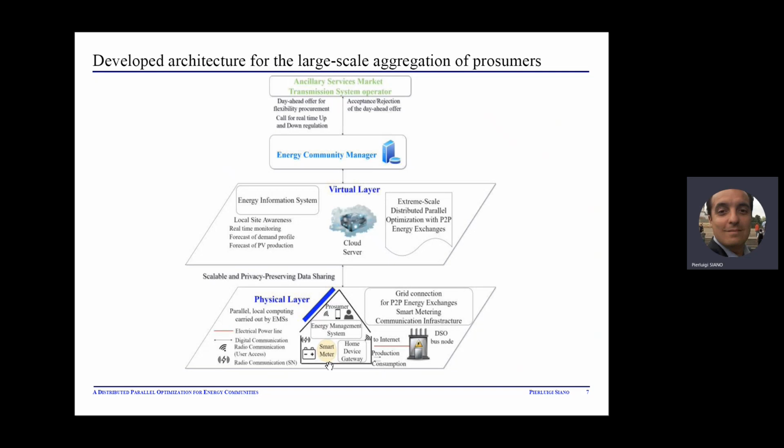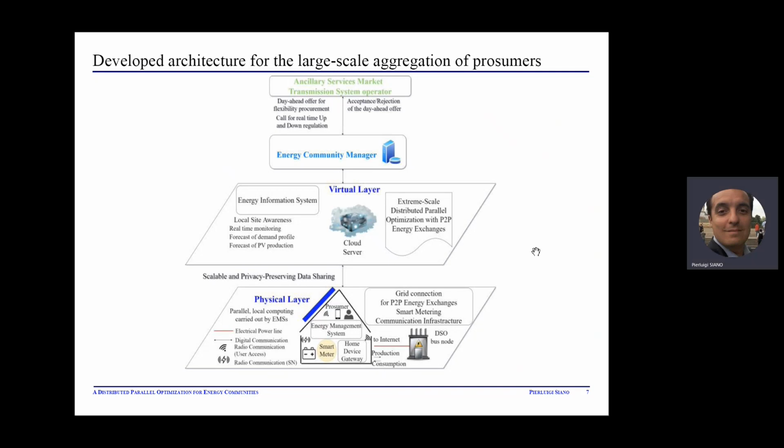A management system platform based on information communication technology infrastructure and software applications is also required for evaluating the absorbed and injected active power for all prosumers, exchanging information between prosumers, and managing all the batteries.